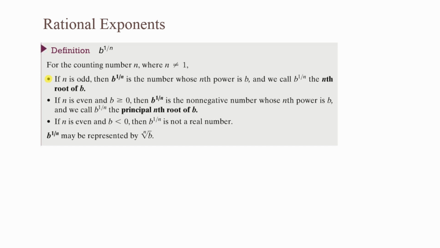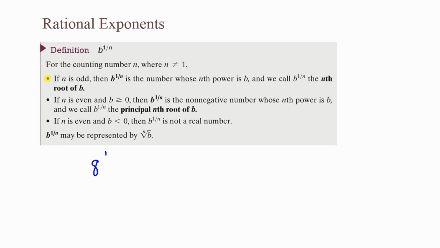What this means, if I have 8 to the 1/3 power, that equals 2, because 2 times 2 times 2 is 8. So we have the third root of 8. Also, if I have -8 to the 1/3 power, that's -2.